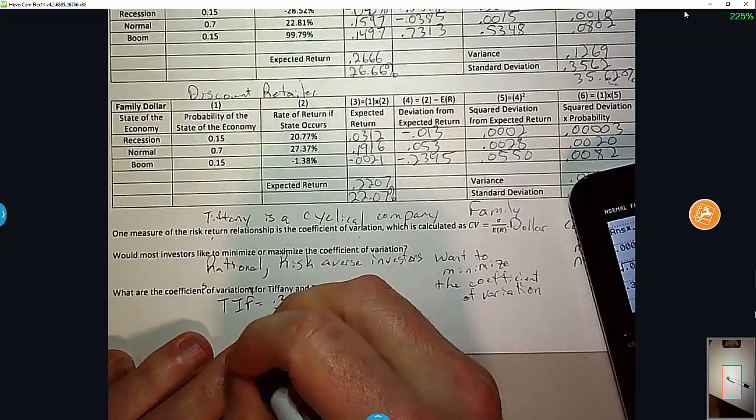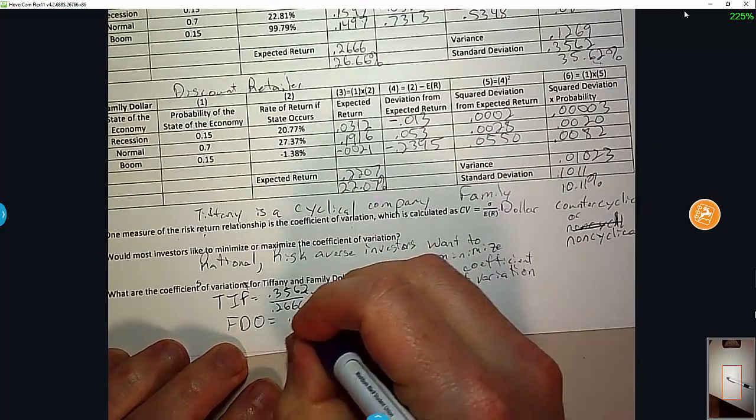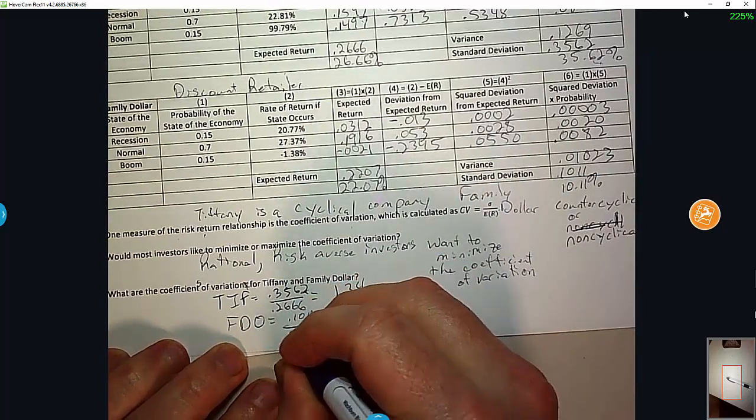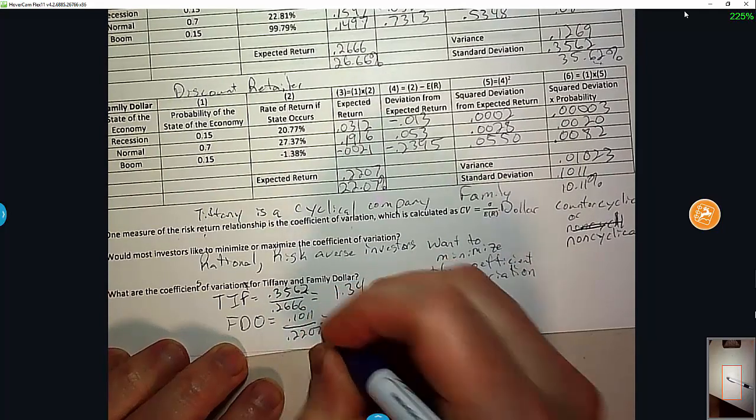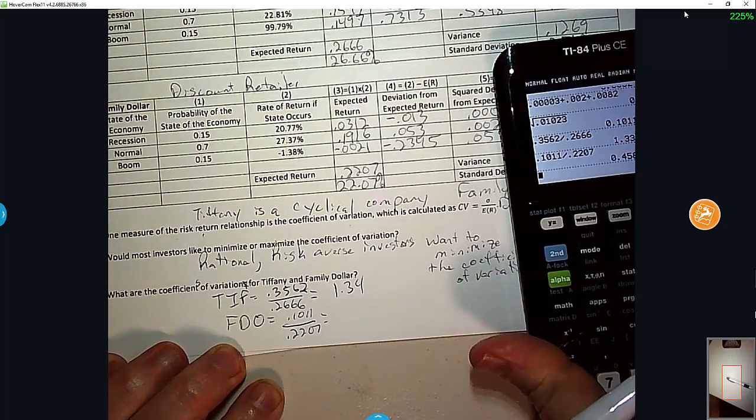For Family Dollar, or FDO, it's equal to 0.1011 divided by 0.2207, or 0.46.